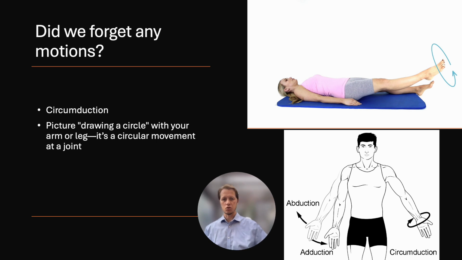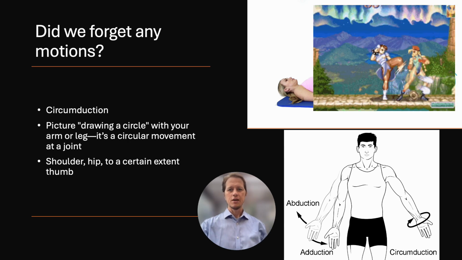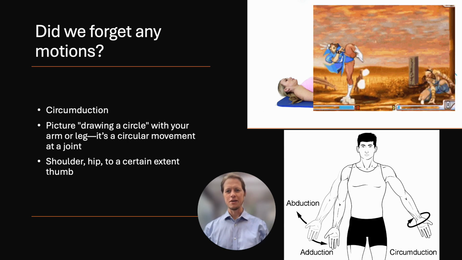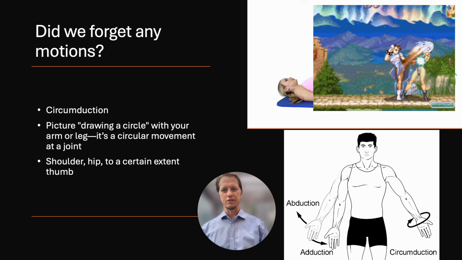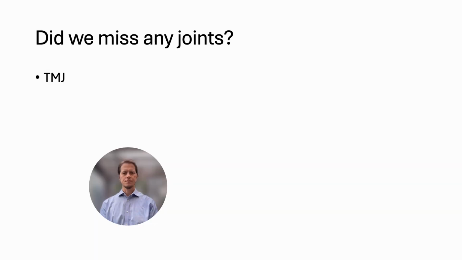So for example, in the shoulder, if you're just bringing your arm in large arm circles, that is circumduction. The leg, I can't bring my leg up, but imagine bringing your leg around and around like that. Perhaps maybe better remembered or demonstrated back in the days of Street Fighter, that is Chun-Li's motion. That's circumduction. There you go.